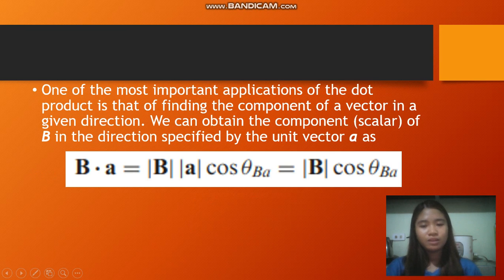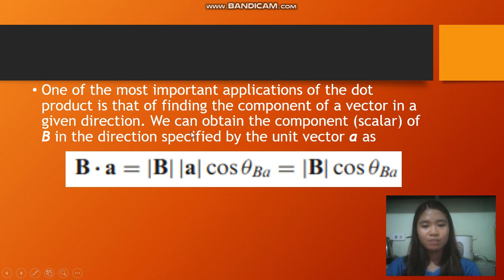At yung pinaka-important na application ng dot product is yung mahanap mo yung direction ng component. So, finding the component of a vector in a given direction. Ito yung pinaka-application ng dot product. Dahil may given na direction ng vector, malamang gagamit tayo ng mga angle, kaya may cosine.